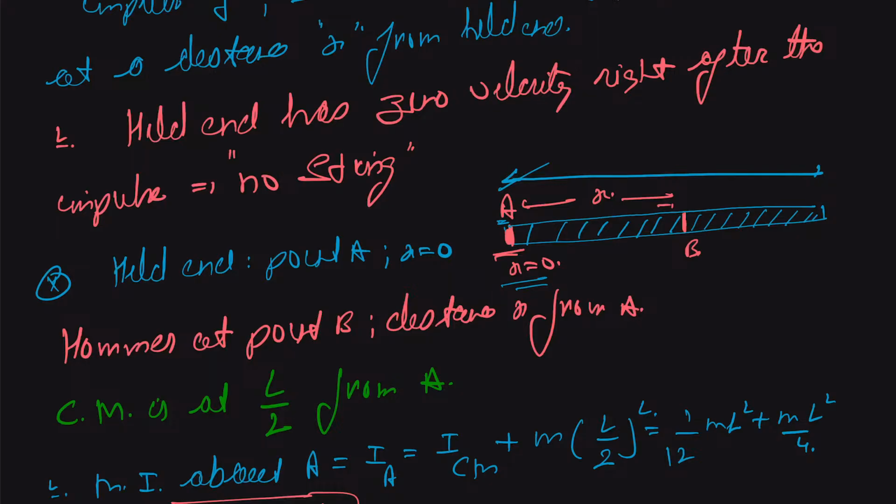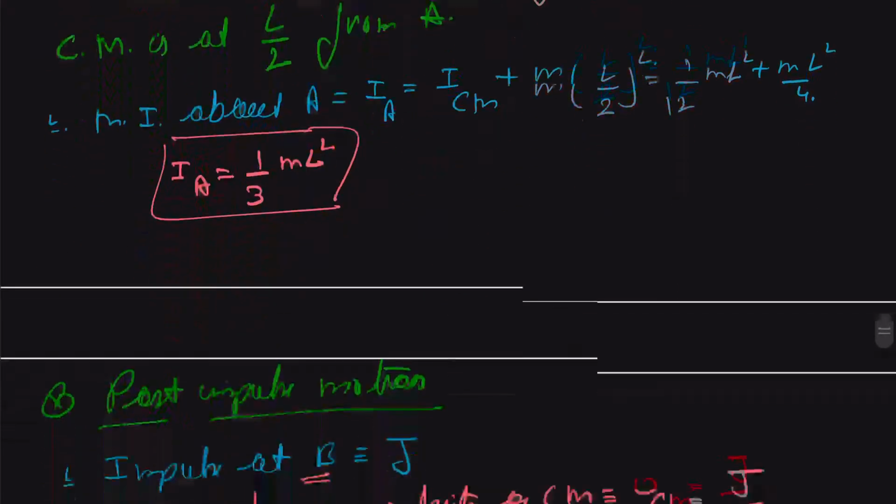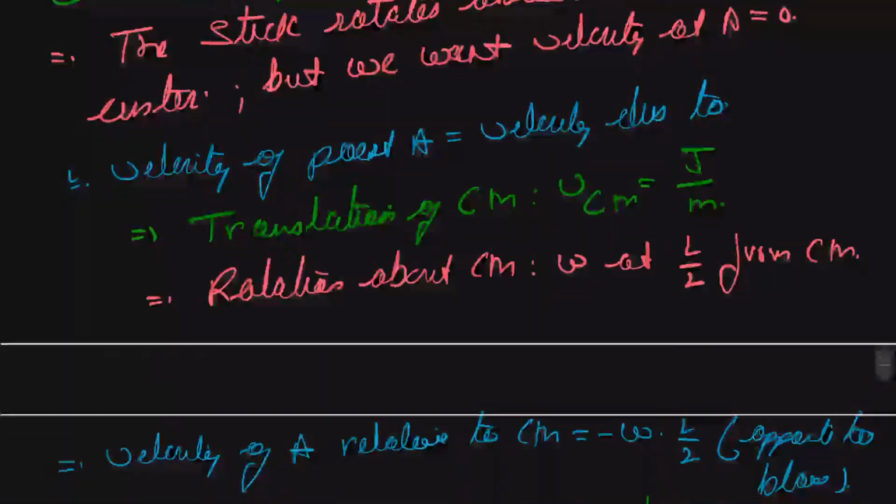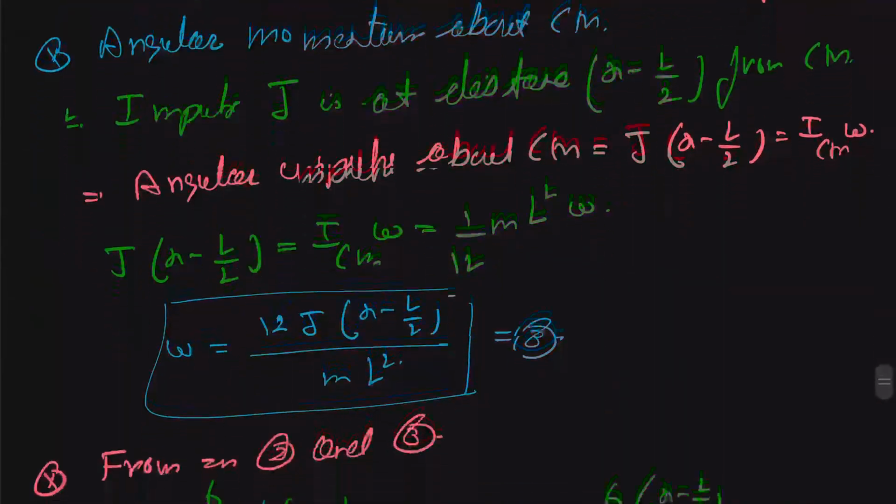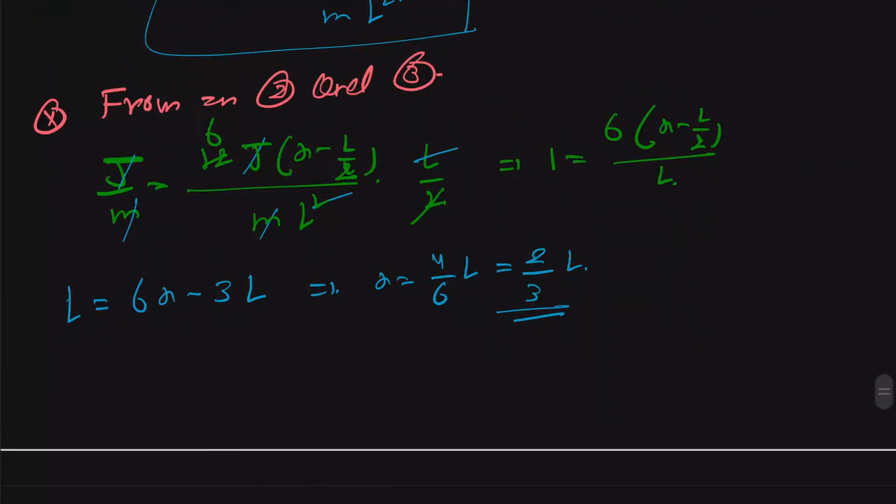If we take another point, the calculation will be a little bit tedious, but the answer will be the same. So this was our second question. This completes all the 2 questions for today.